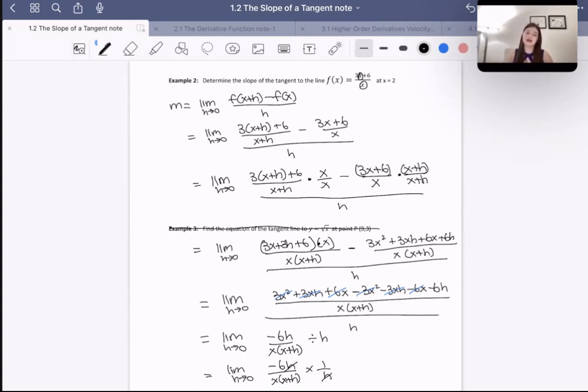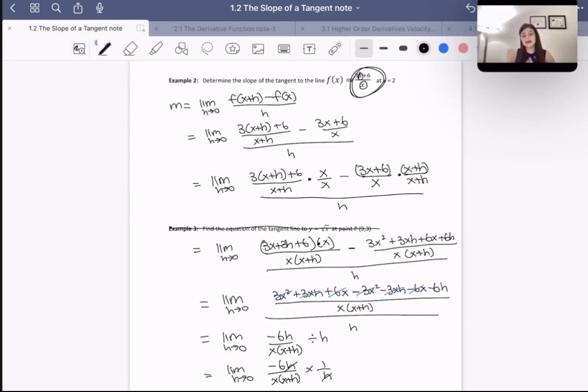Then at the very end, we change the over h in the original equation to divided by h, which is really times 1 over h, and we use that to cancel out the h in the numerator. It's going to be that same method for every single one of this type of question, which is the good thing.